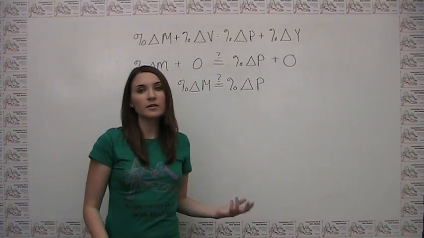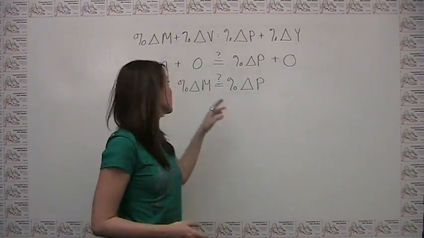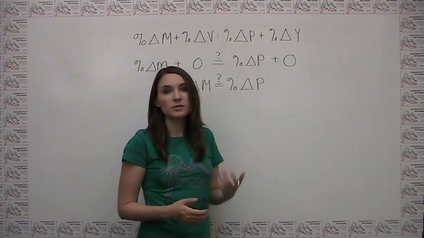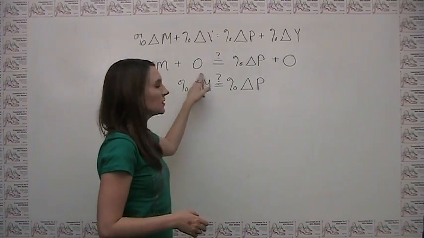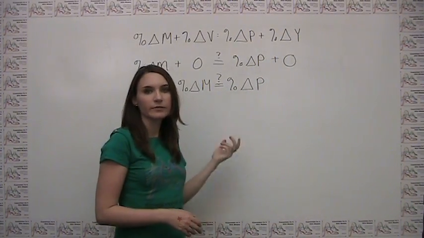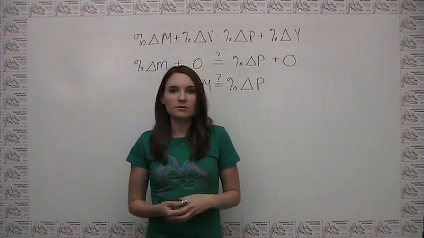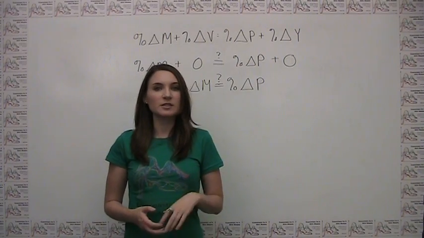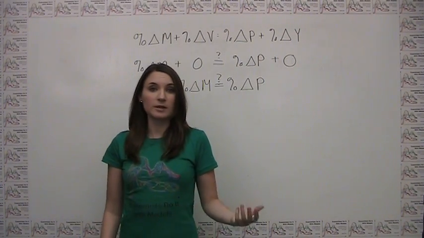The quantity theory of money holds if the growth rate of the money supply is the same as the growth rate in prices, which will be true if there's no change in the velocity of money or in real output when the money supply changes. Historical evidence shows that the velocity of money is pretty constant over time, so it's reasonable to believe that changes in the velocity of money are in fact equal to zero.